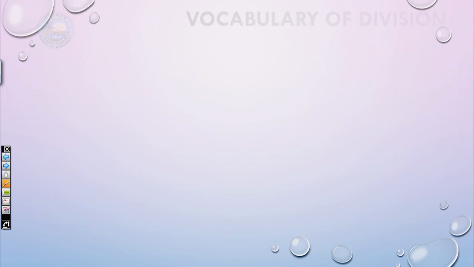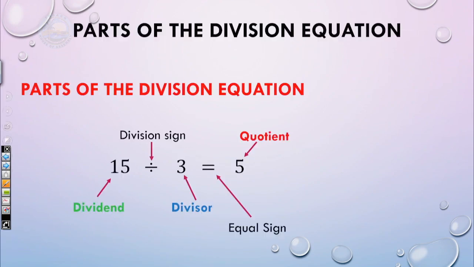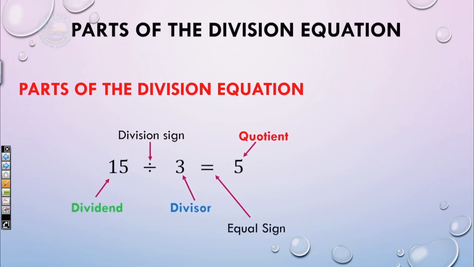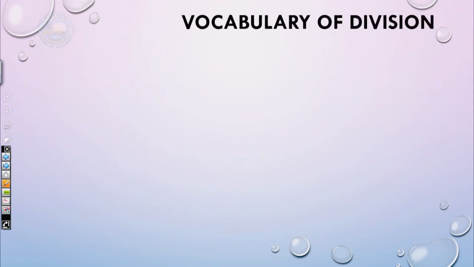And 5 is a quotient. To go back, 5 here is your quotient. Now you have the vocabulary of division, where we're explaining what each part represents.